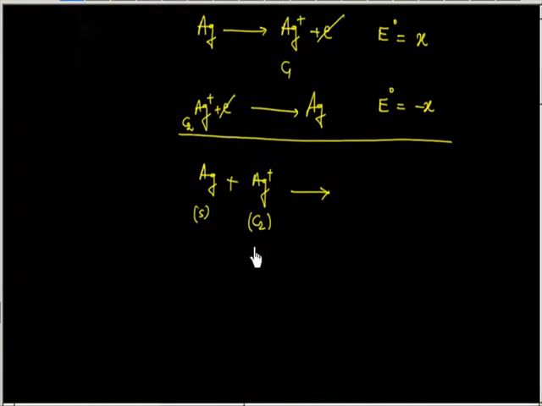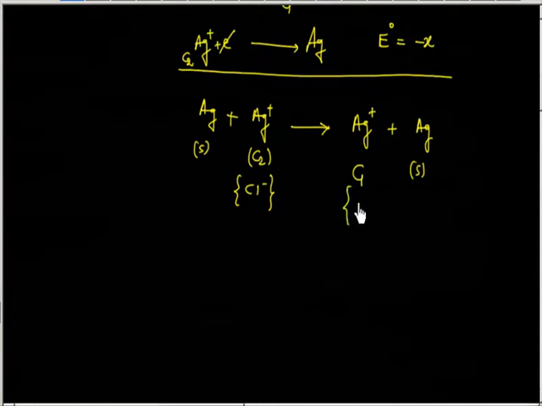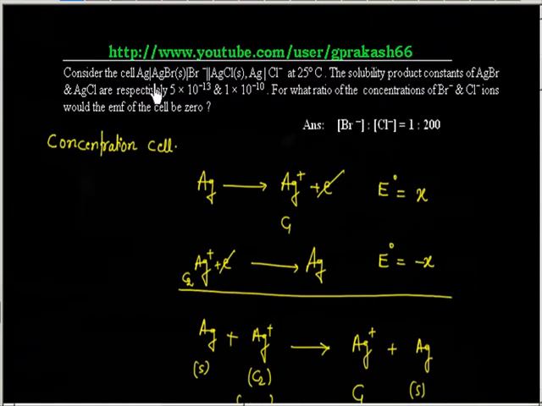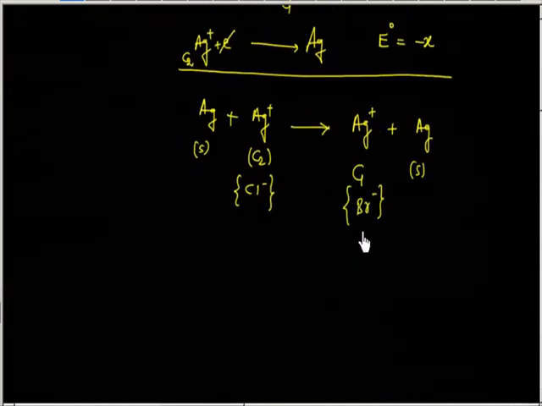Now you see Ag plus again, Ag is solid. This time the concentration is C1, and this is coming from Br minus, because in one case it is AgBr.